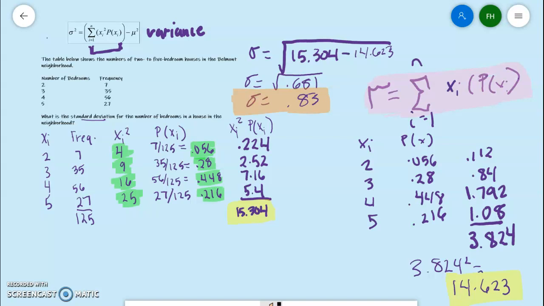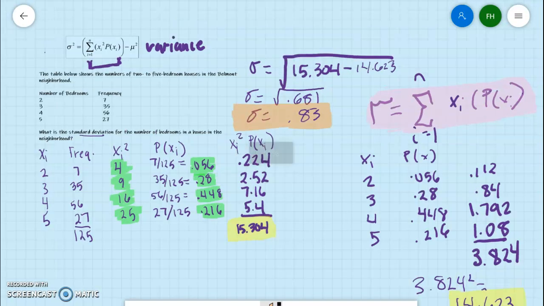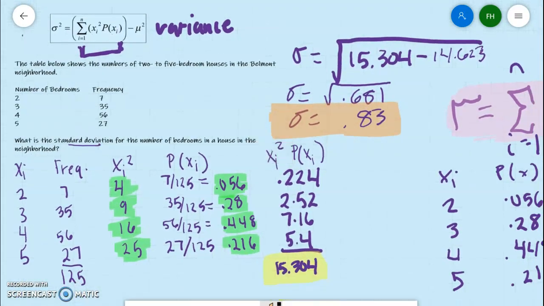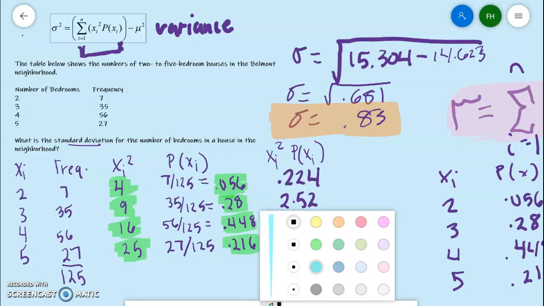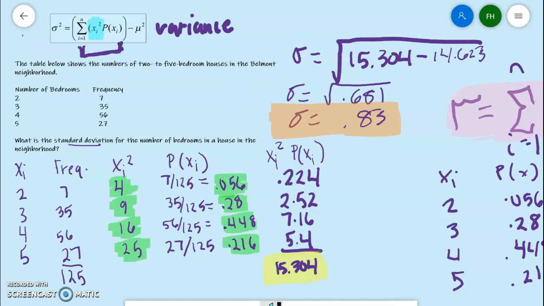Now let's go back through the formula real quick just to make sure that you understand. Since there's so many steps, you really have to understand. The first part, we took x and squared it, because this first little part wants us to square x and then multiply it by the probability.